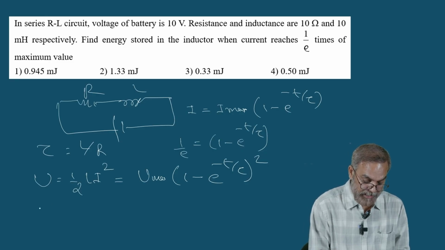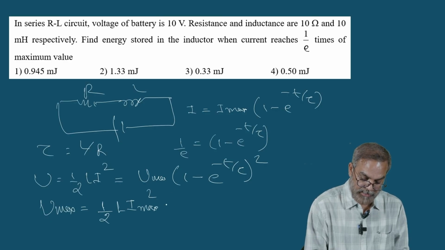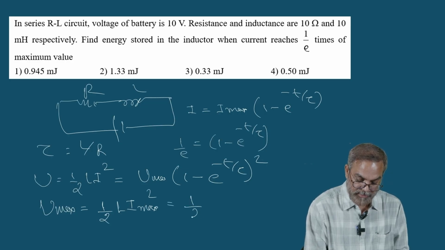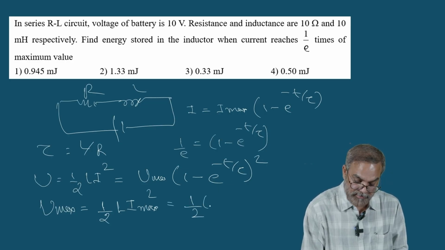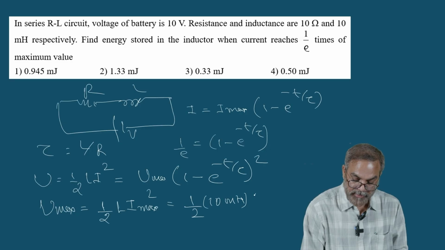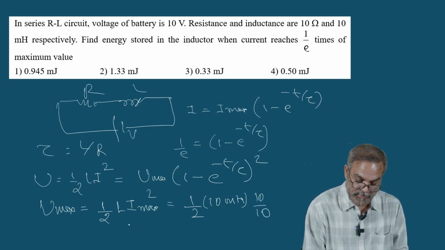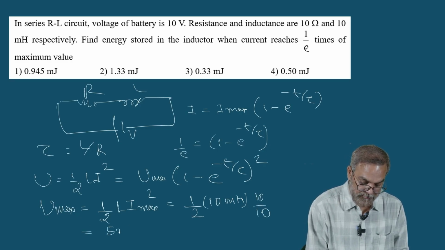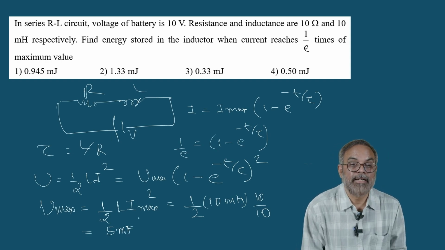Now this U maximum will be equal to half L i maximum square, and this will be half times inductance given, 10 millihenry, and the maximum current in the circuit will be V by R, that is 10 divided by 10. So we have 5 millijoule. Right, students? So this is the maximum energy stored.